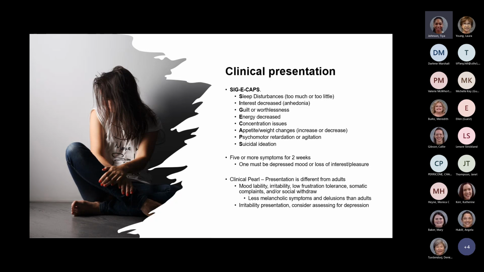So children and adolescents usually present with much less melancholic symptoms and much less delusional presentation, if they have severe depression, than adults would. So when you have an adolescent or adult presenting with irritability, it does not necessarily mean that this child needs a second generation antipsychotic, because I see that a lot.